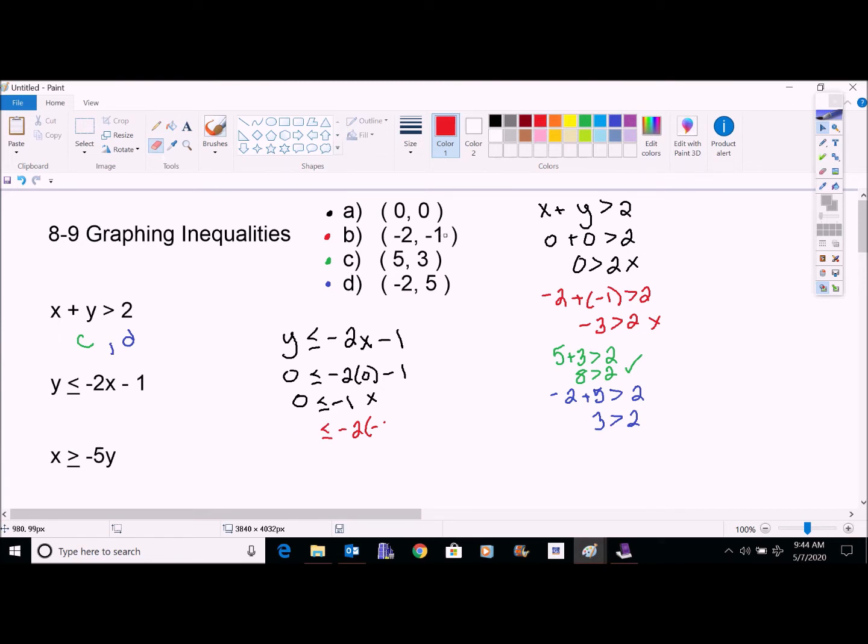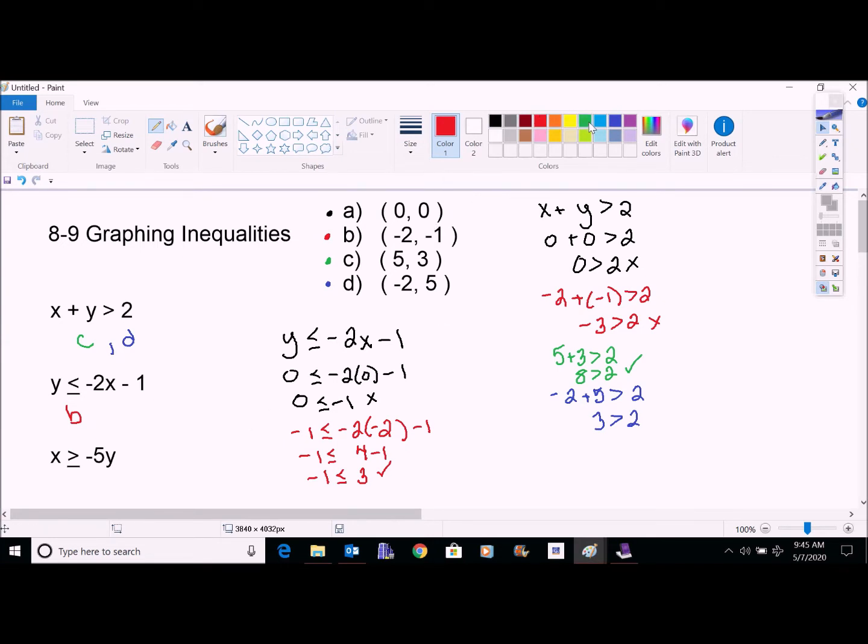So we do have to be careful. Y is -1. -1 is less than or equal to -2 times -2 minus 1. We want to check and see if that's right. -1 less than or equal to 4 minus 1. -1 less than or equal to 3. And that one's correct, so B is an answer here.